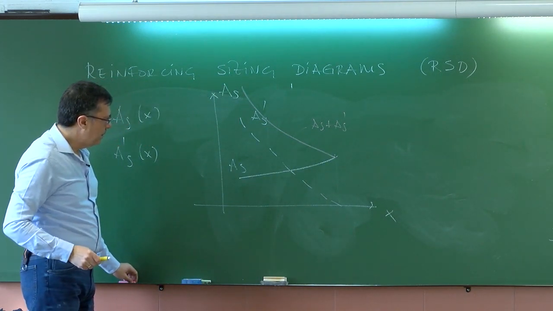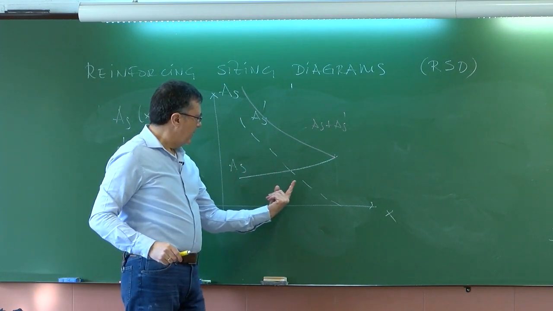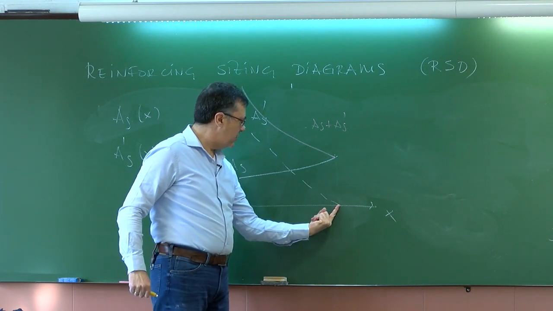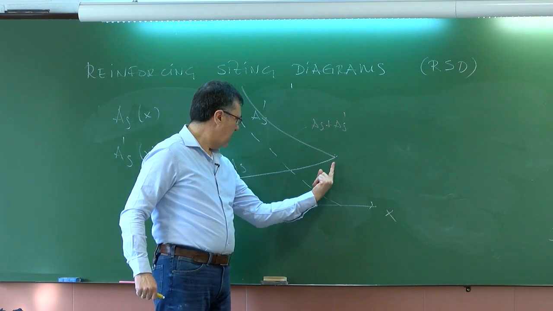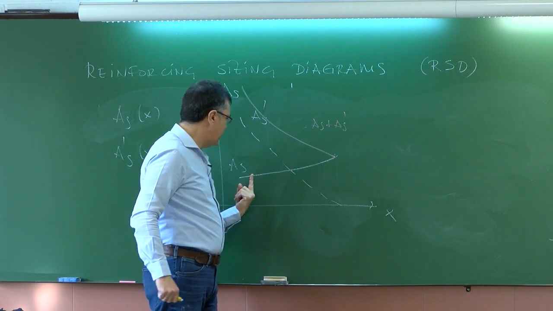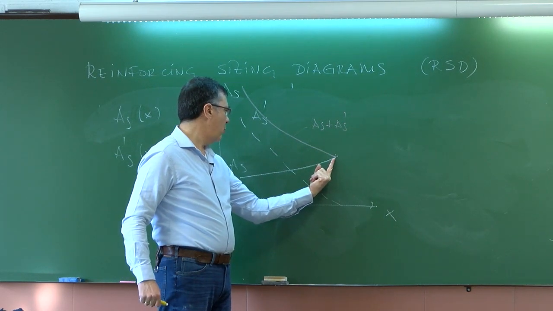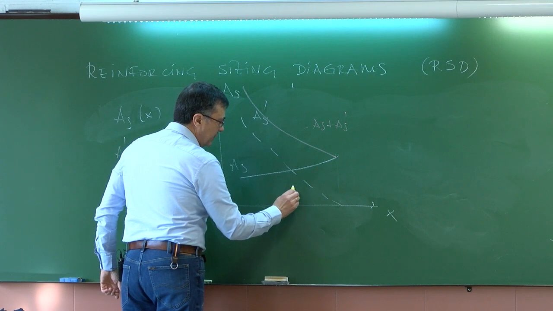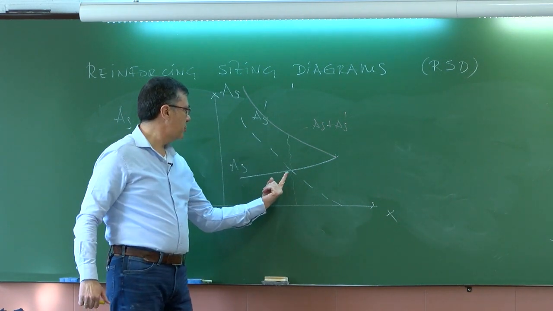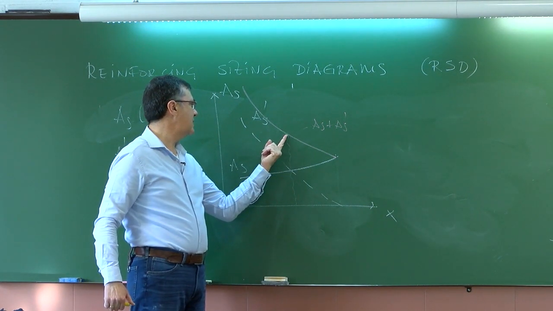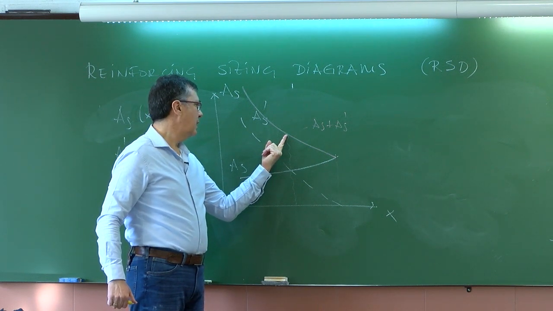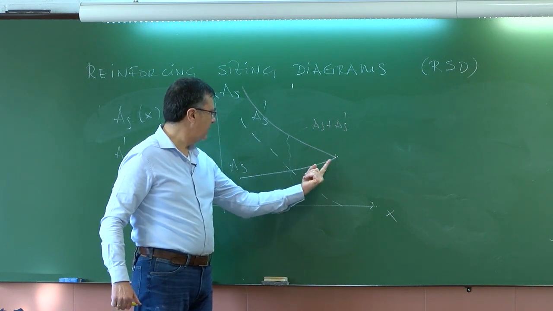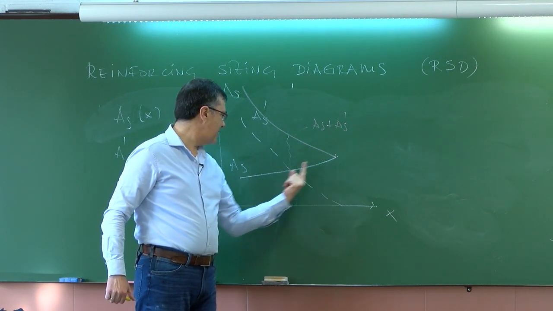What we obtain is that a solution can be for AS prime equal to 0 and AS equal to the total area, so we only have AS. Or we can, for example, opt for the symmetrical solution, but the symmetrical solution is way more expensive in money and in CO2 emissions than the minimum one, that in this case is AS.